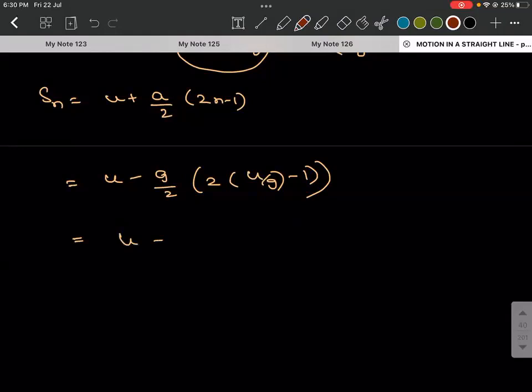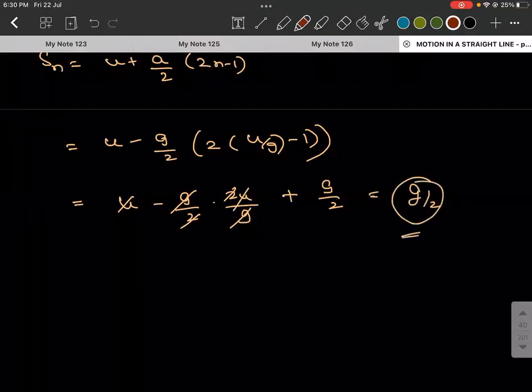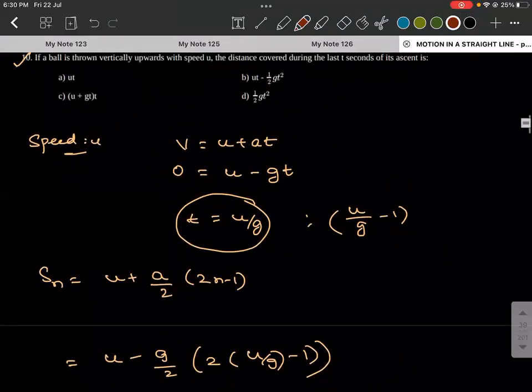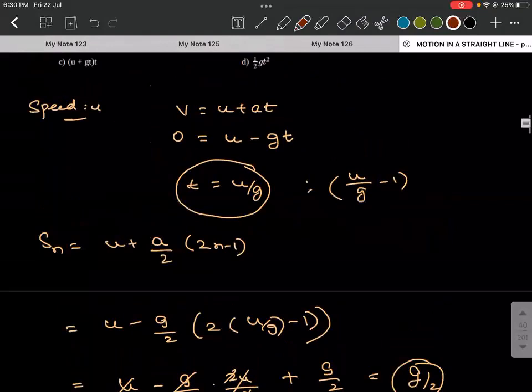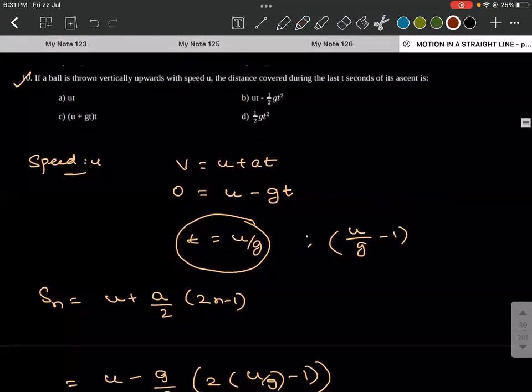So this will be equal to u minus g by 2 into 2u by g plus g by 2. So g and g are gone, 2 and 2 are gone. U and u also get cancelled. Answer will be g by 2. So it has covered a distance of, oh, they want the answer in terms of t here. Okay, then we don't need all these things.